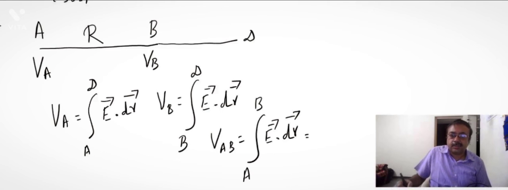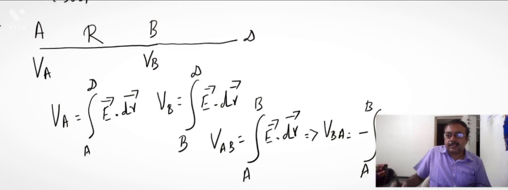Well, the textbooks, for some strange reason, write this as VBA and put a minus sign, and they write this as minus integral A to B of the electric field dot the displacement dr. So you can say that electric potential difference delta V for any electric field, uniform or non-uniform, is always the negative integral of the electric field.